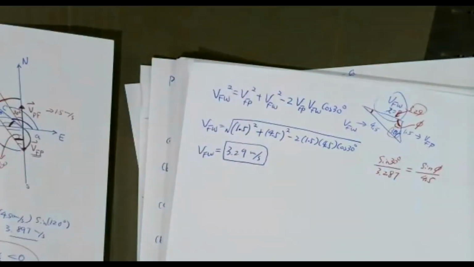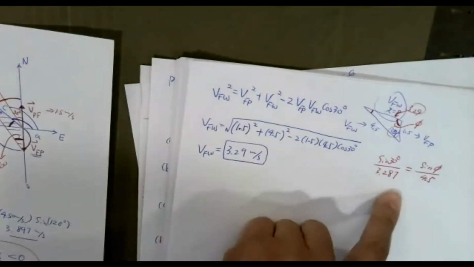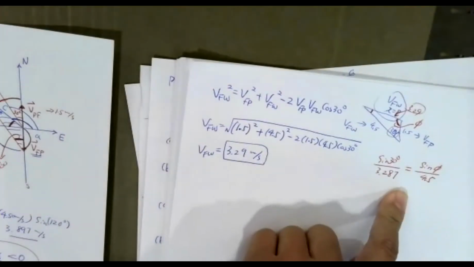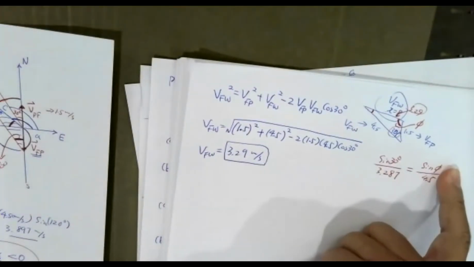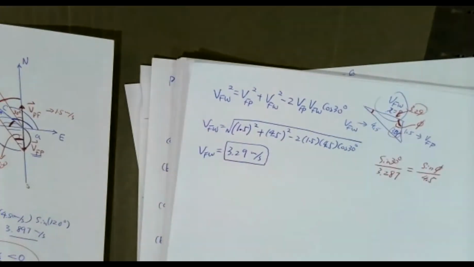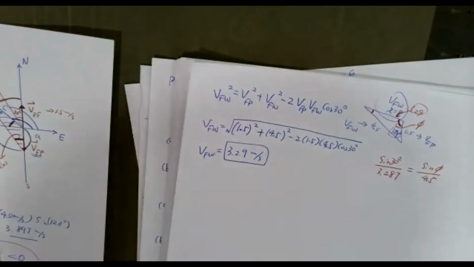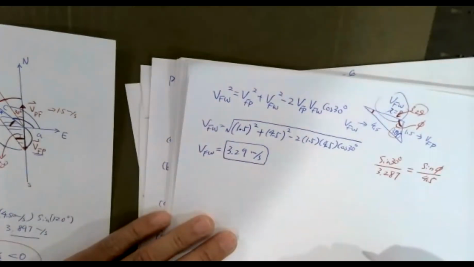Okay, so from this law of sines equation, you can figure out your phi directly. And then you can do 270 minus this phi to get your directional angle. Again, this is case by case.